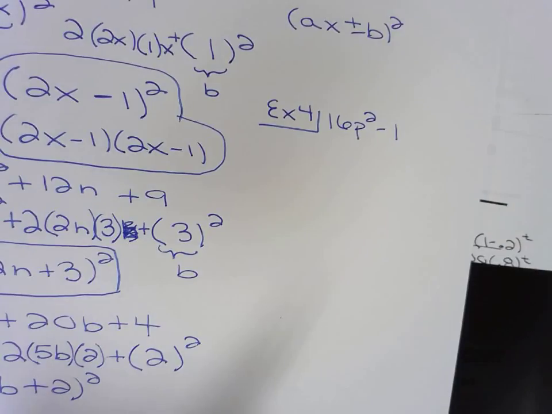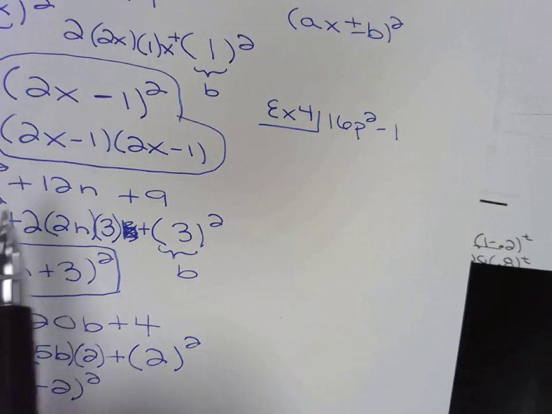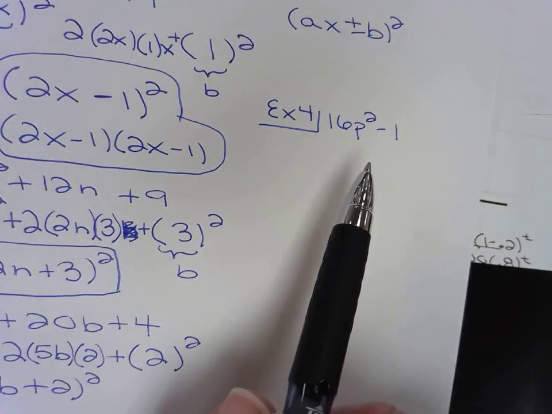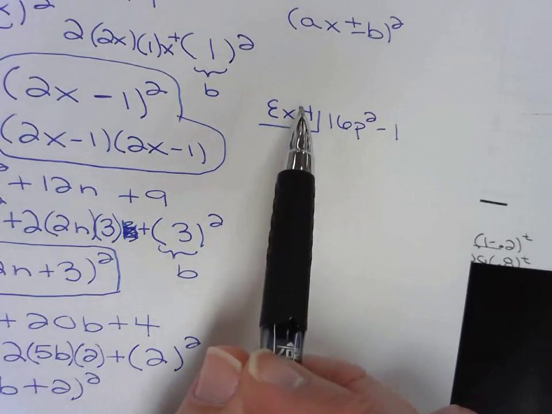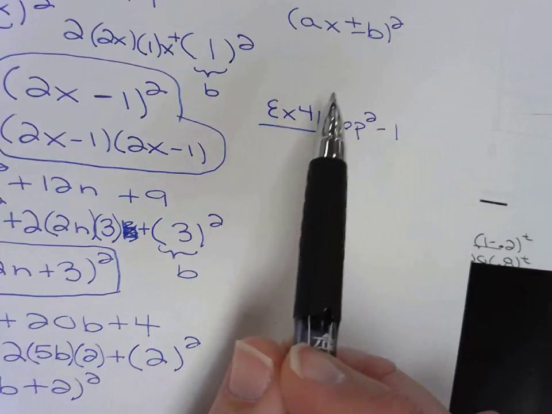How's this one different? It's a binomial, not a trinomial. It's a binomial, so I want to check, is this a difference of perfect squares? Is it a difference?